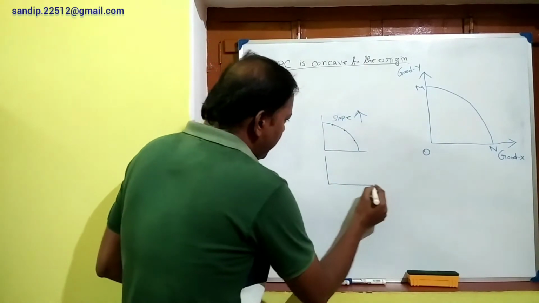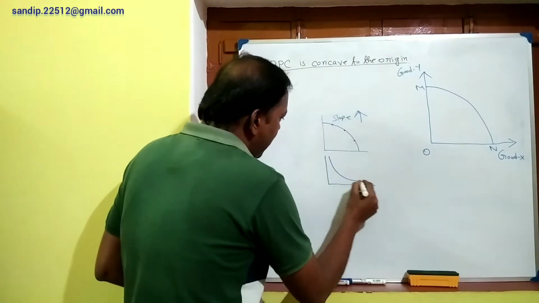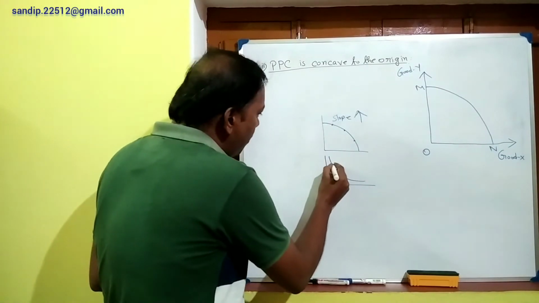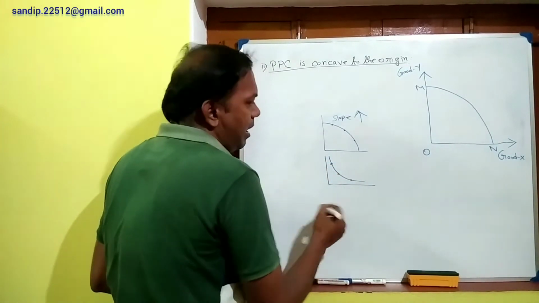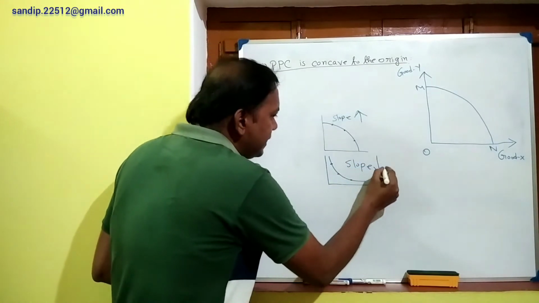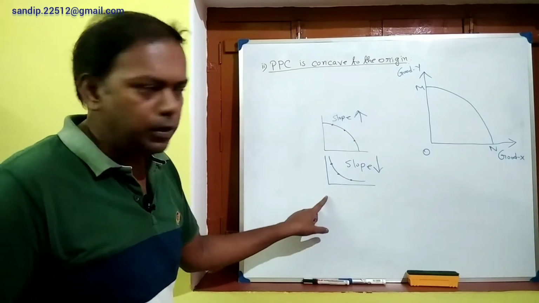But that is the concept from mathematics. If any curve is convex, then as we move from left to right along the curve, if its slope decreases, then I can say the curve is convex to the origin.